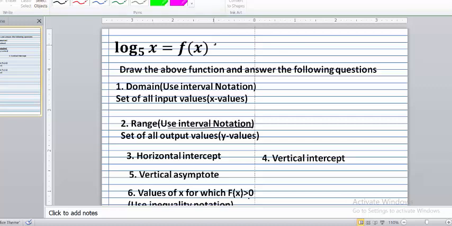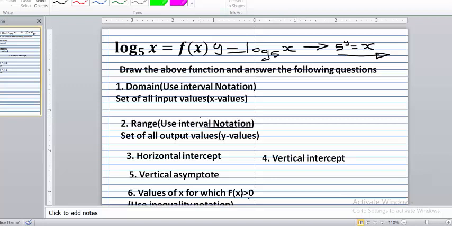So let me just go y is equal to log base 5 of x, which can be changed to 5 to the power of y is equal to x. So once you have this exponential function here, you can solve these questions.